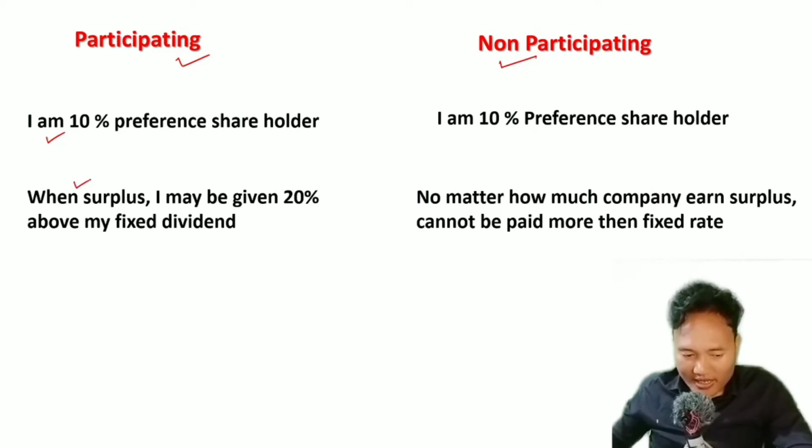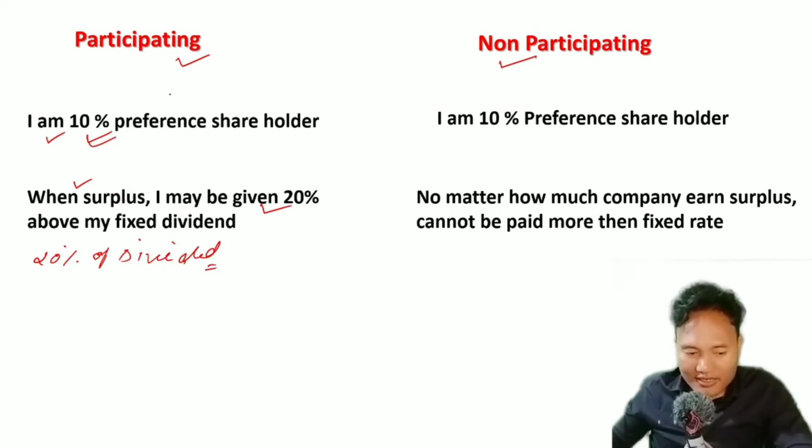But when any company earns surplus, when any company has a sufficient amount of profit and has earned a huge amount of surplus, in that case the preference shareholders may get more than the fixed dividend. They may be allotted more than the fixed rate of dividend that they have.